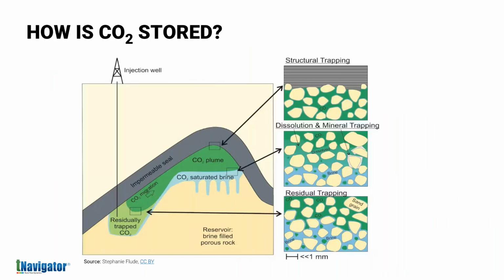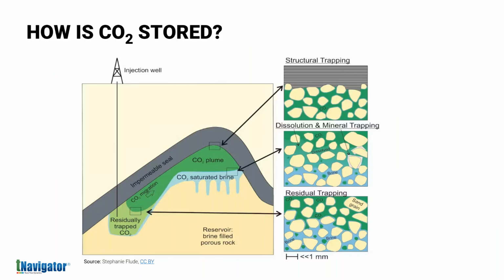So how is CO2 stored? We have in this case, brine that we're going to be injecting CO2 into, and we have our injection well on the left-hand side. And as we inject the CO2 into the reservoir, into the saline aquifer, the free CO2 is going to start migrating upwards. And as it moves through the reservoir, it's going to meet the impermeable seal, and some of it is going to be left behind, which is going to be the residually trapped CO2.